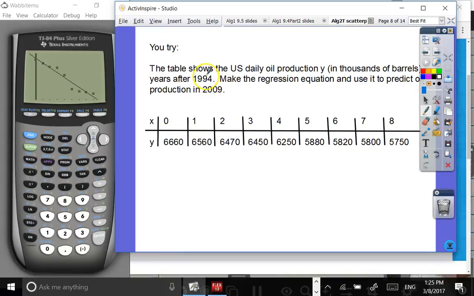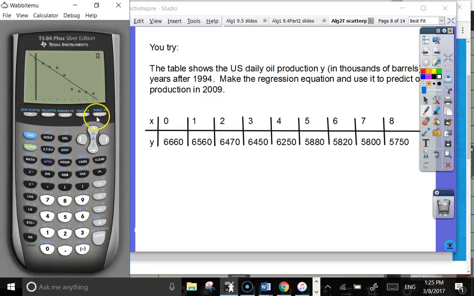Now, if x is the number of years since 1994, then in 2009 it would be 15, right? X is 15. So I would have to go to my second graph for the table, clear, and now I'm going to put in 15. 4,754.1.